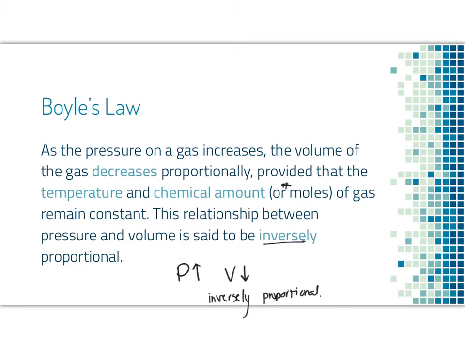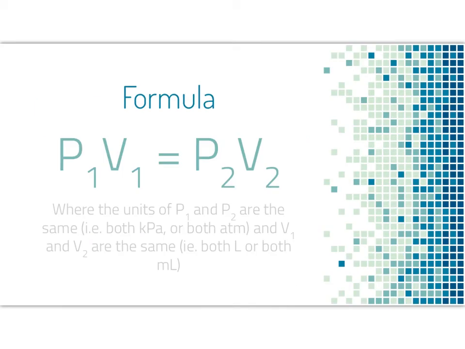All right. A formula for this is that P1 V1, or sometimes we see P initial V initial, is equal to P2 V2 or P final V final. It doesn't matter whether you use I and F or 1 and 2. They mean the same thing. The only thing is that the units of P1 and P2 have to be the same.